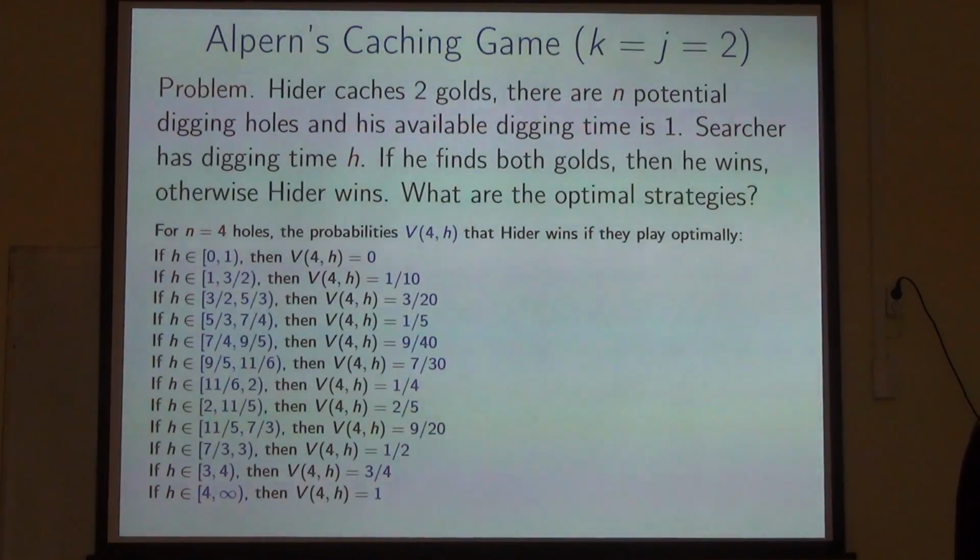On the other hand, if the hider chooses the placement of the 2 nuts uniformly at random, and uses depths 1/2 and 1/2, or if it's the same hole, then 1/2 and 1, then the searcher cannot find them in more than 1 case if he doesn't have 3/2 digging time.